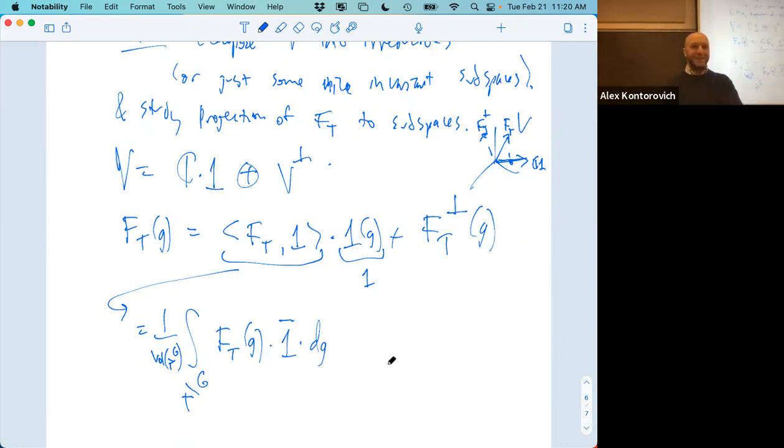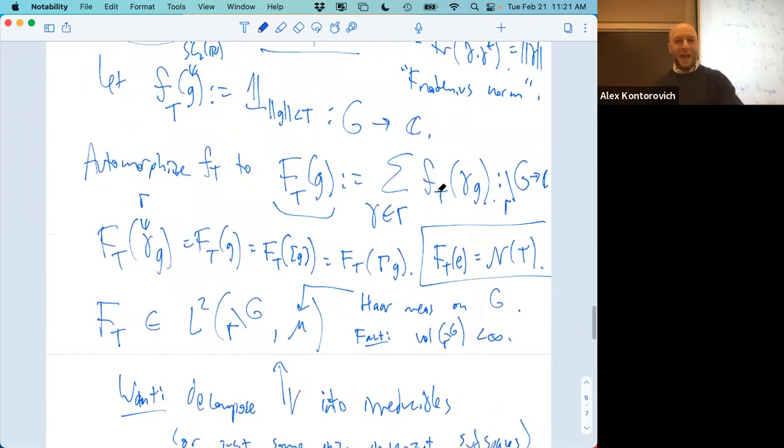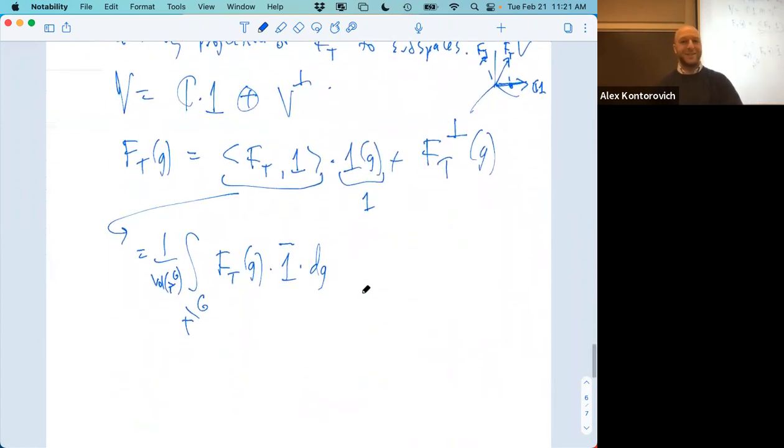So far, so good. What was capital F? Capital F was defined as the averaging of little f over the group. Maybe this is going to start to seem familiar. I'm going to take this volume of the quotient. Now, once I start opening the automorphy, I actually have to fix a fundamental domain D. So I have this integral over my fixed fundamental domain, a domain for G mod gamma.